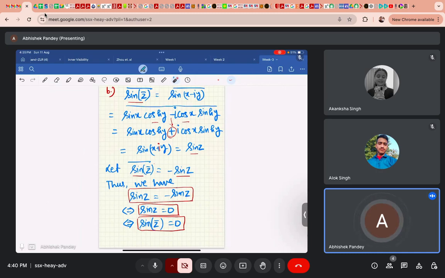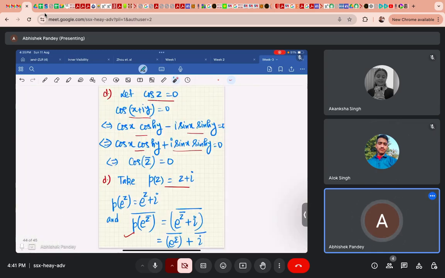So this thing you can write like this. Sin z bar is also sin of x minus iy. This you can write in the hyperbolic terms, and you take the whole bar. So the plus sign will come here. And what is this one? Sin of x plus iy. Is it clear?